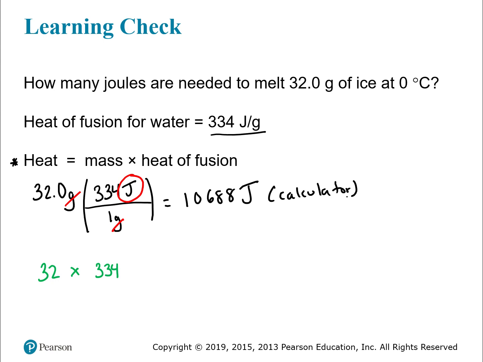But we know better. We need to use significant figures. And our mass, which is measured, has 3 sig figs. That means we need to make this into 3 sig figs.